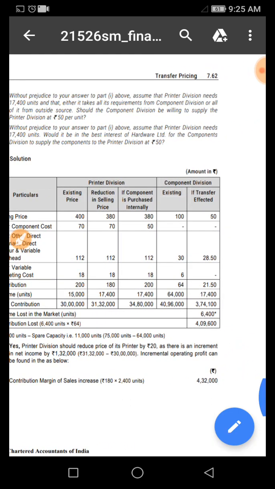Now the component division. They were selling outside at 100 rupees. If the transfer is affected, they will have to sell at 50, because at 50 only the printer division is expecting.